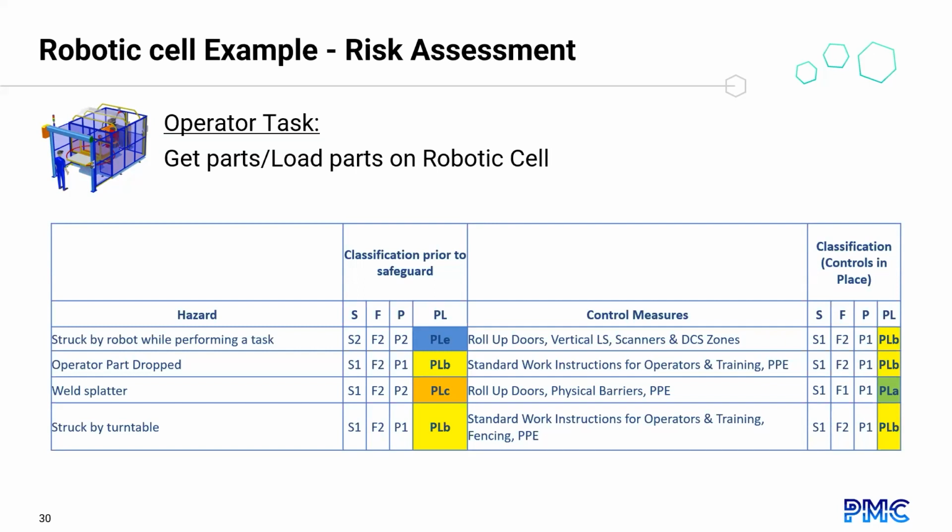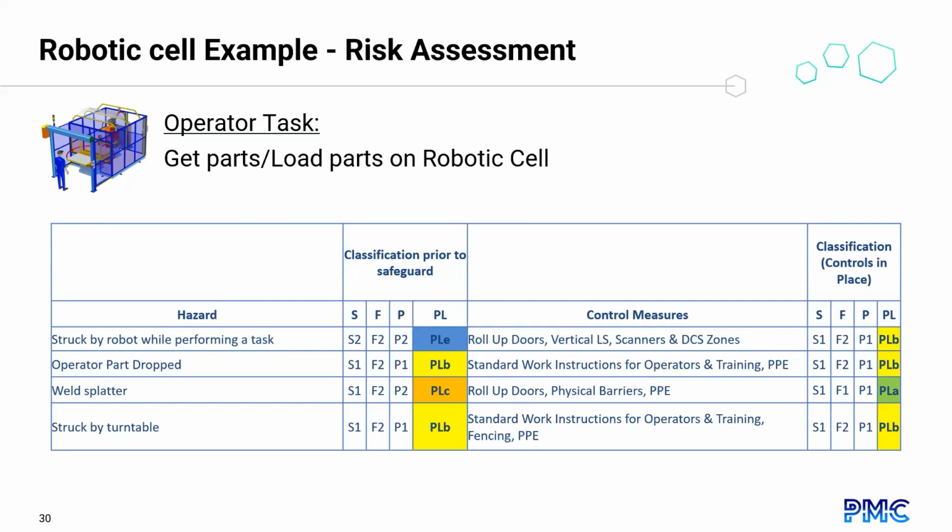From S2, we lowered it to grade S1 because the injury is not so serious anymore. We already have these measures implemented, and the robot is not directly exposed to the operator. We have a physical barrier and roll-up door to prevent a possible collision. The frequency is the same because the operator continues to load parts constantly every minute.